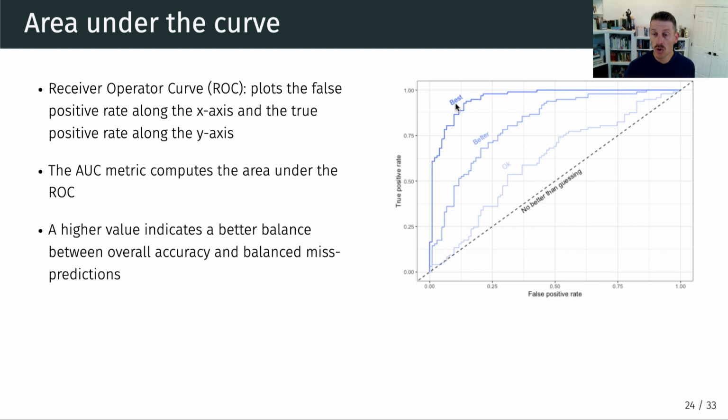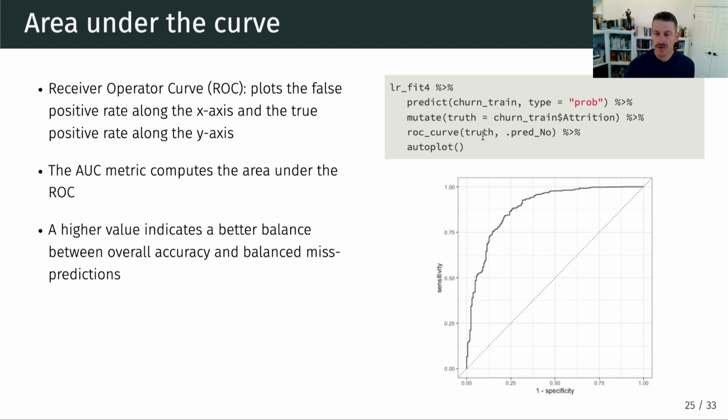So a 1 is the highest we can get. And so if you have something, this line right here may be like a 0.83, this one may be a 0.75, this one a 0.6, and then again this dotted diagonal line would be a 0.5. So higher value indicates a better balance between overall accuracy and balanced mispredictions.